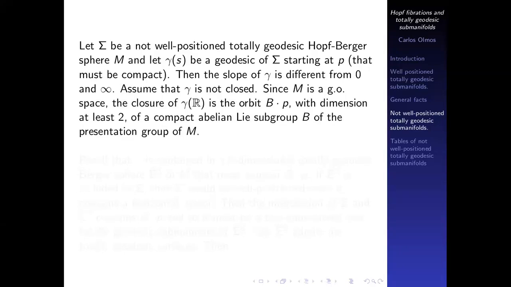Since M is a geo space, the closure of gamma(R) is an orbit, with dimension at least 2, of a compact abelian Lie subgroup of E. That is the closure of the one parameter group that gives the geodesic.